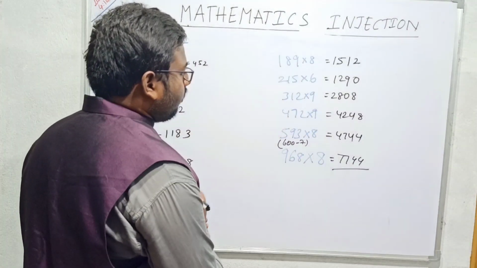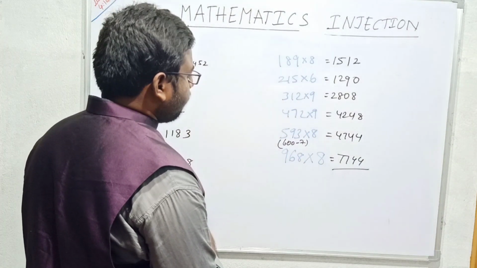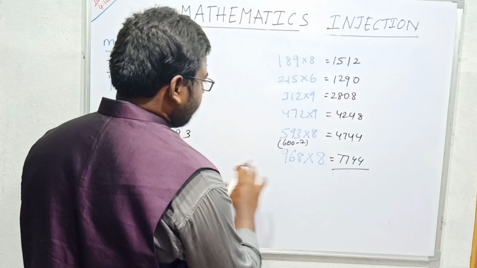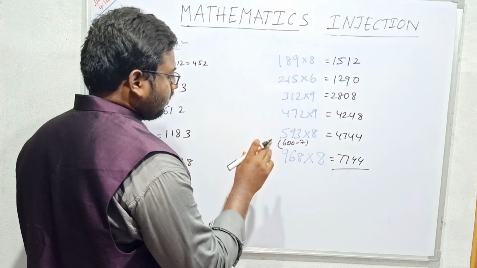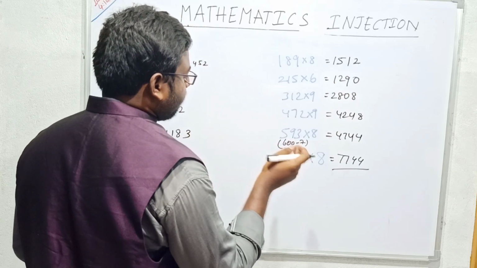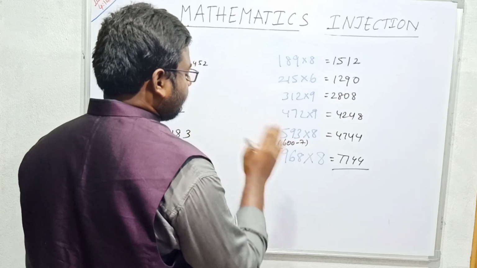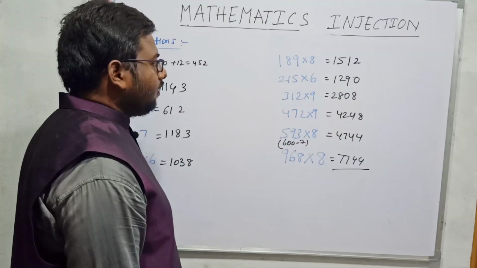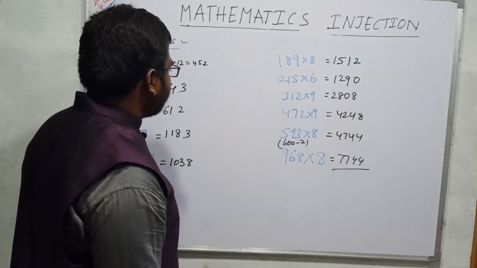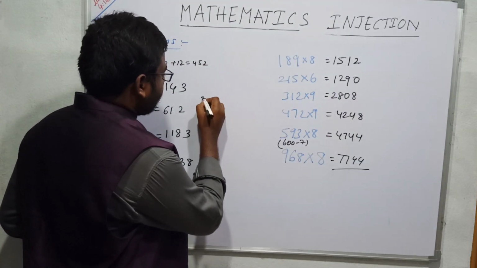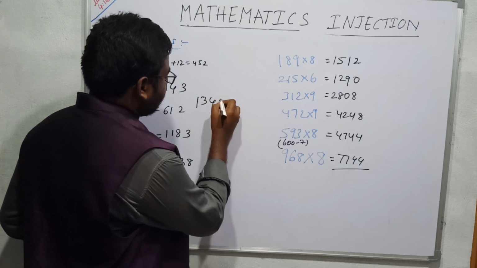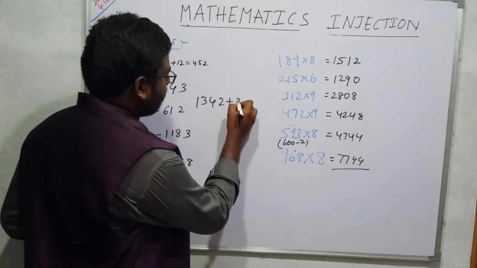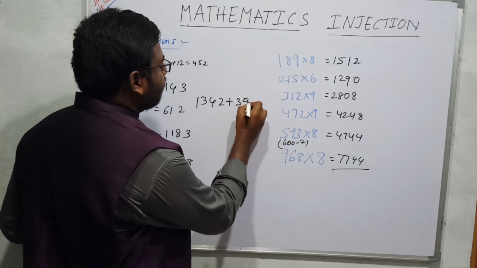So in order to get fast in this, you have to start from the basics, from basic additions, multiplying a 2-digit number with a 2-digit number, single-digit number with a 2-digit number, single-digit number with a 3-digit number. You have to practice more so that you can calculate very fast in it. For example, 1342 plus 39.